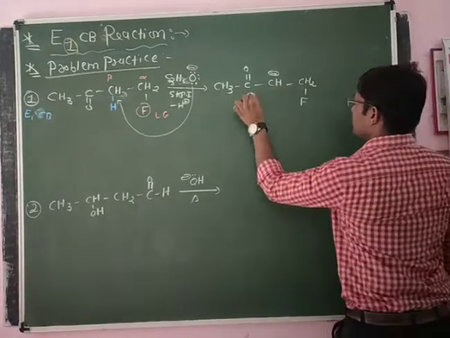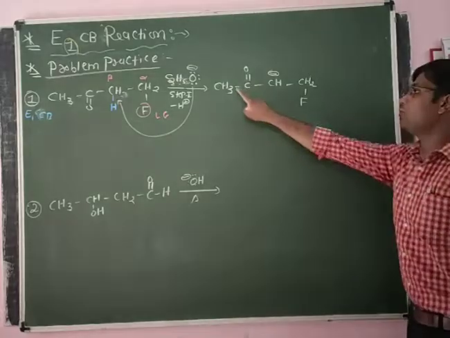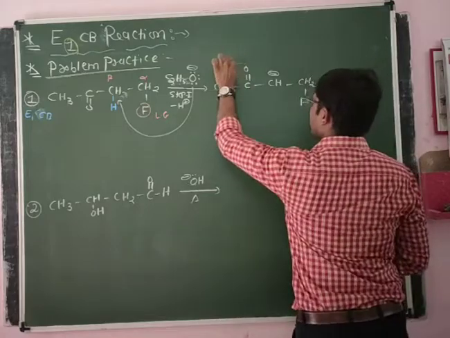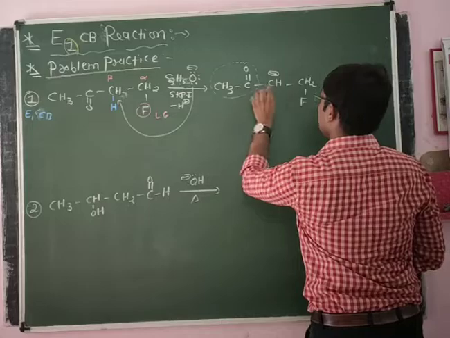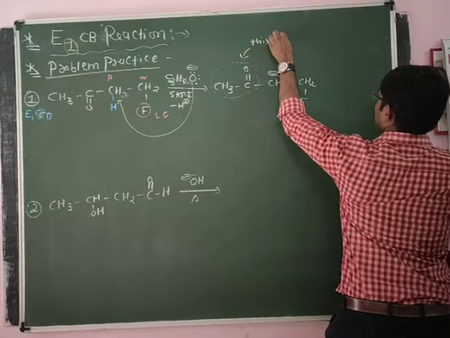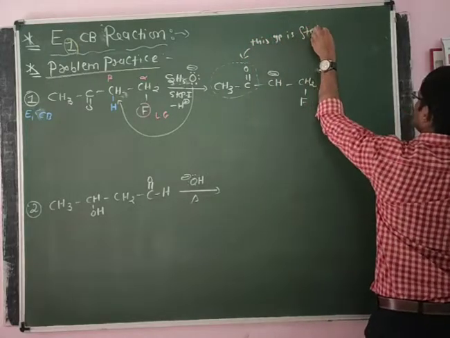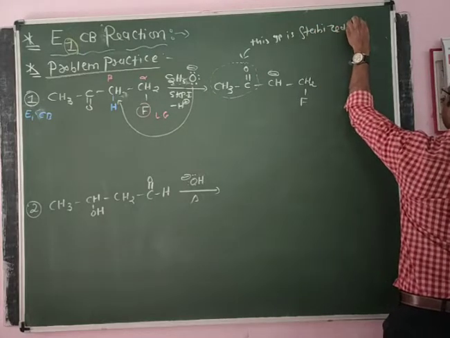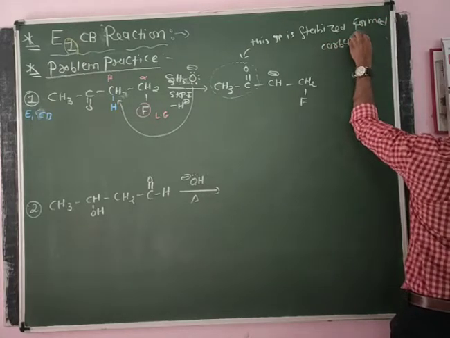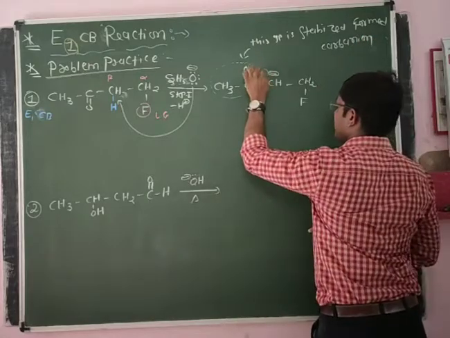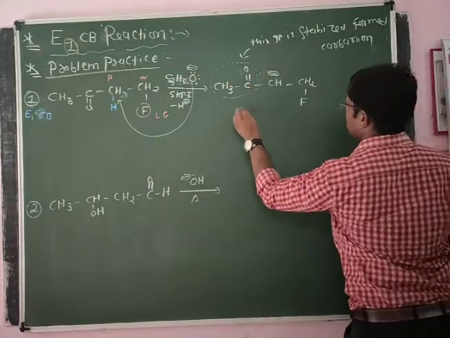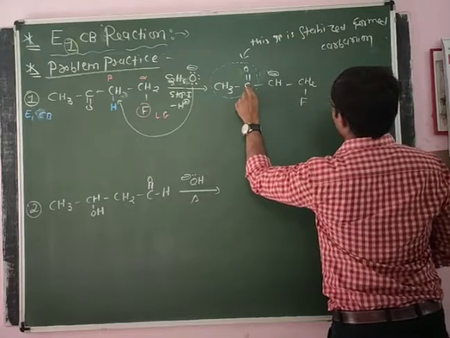And you know very well, there is the acetyl group, the carbonyl group, CH3, C double bond O. This carbonyl group further stabilizes this carbanion. Because of this kind of resonance, this carbanion is more stabilized due to the resonance effect of this group.